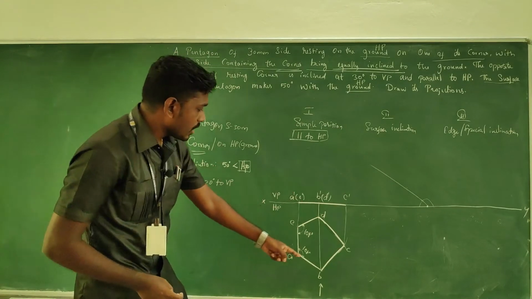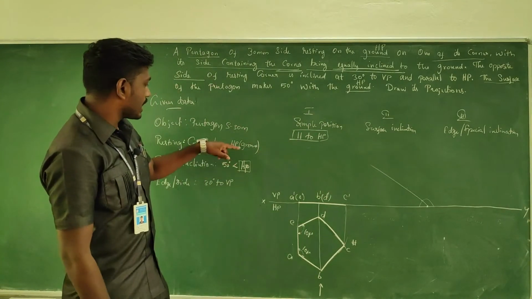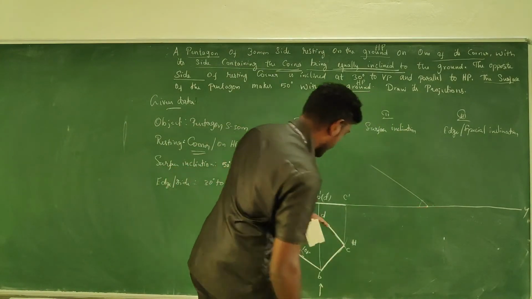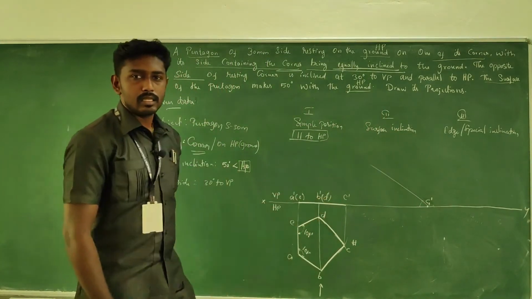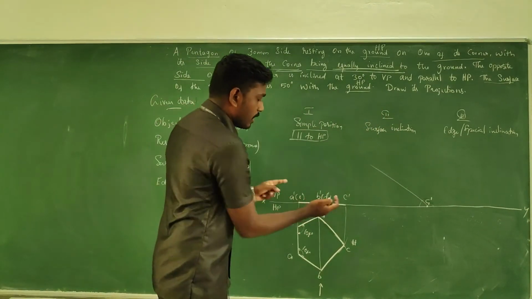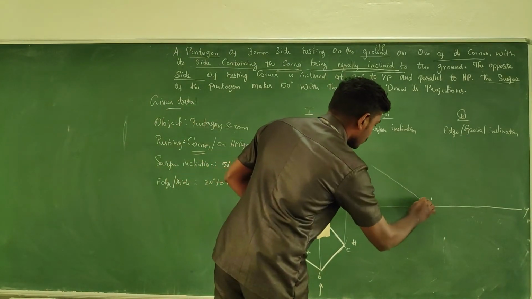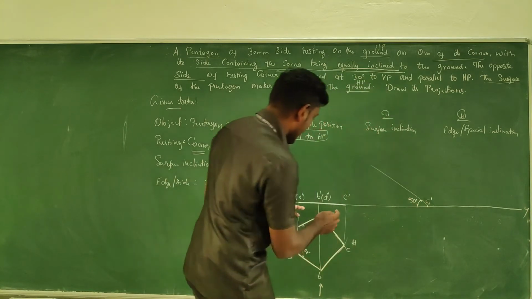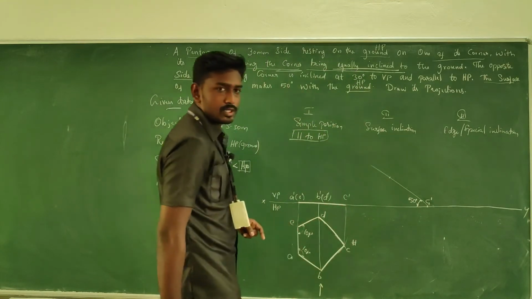We know the corner C is resting on the ground, so it must be taken on the XY line. On the XY line, this is C1 dash. Now just reproduce the same length to the inclined line of 50, for which take your compass and measure C to A dash. What is the measurement? Have a cut.